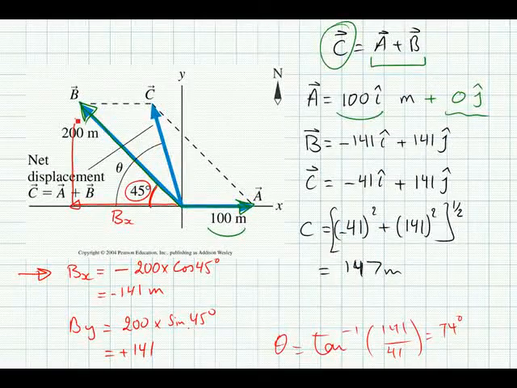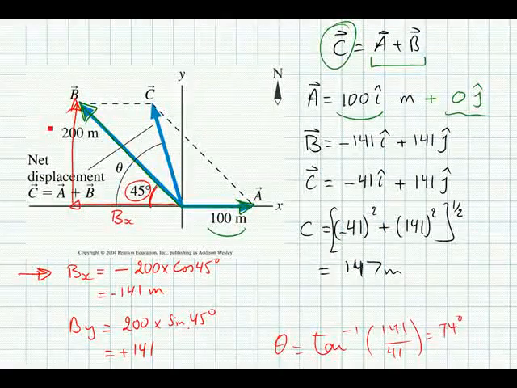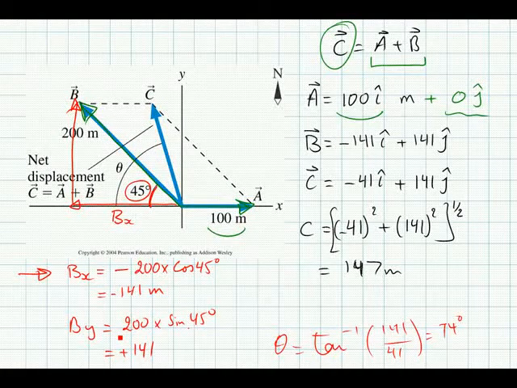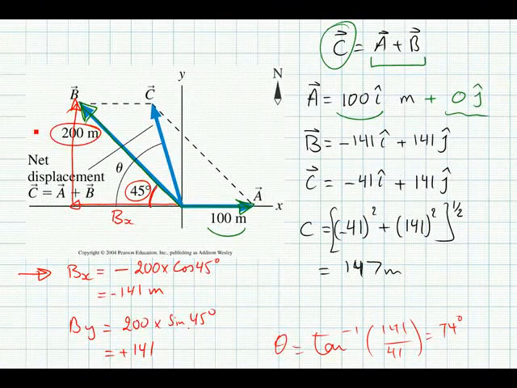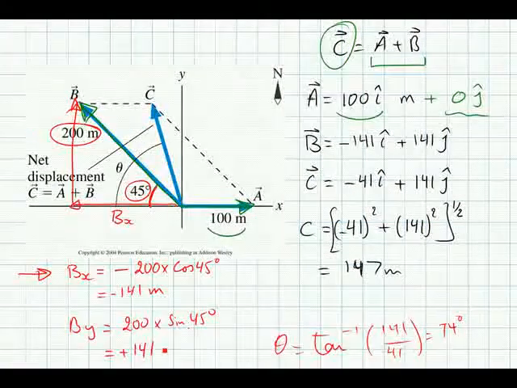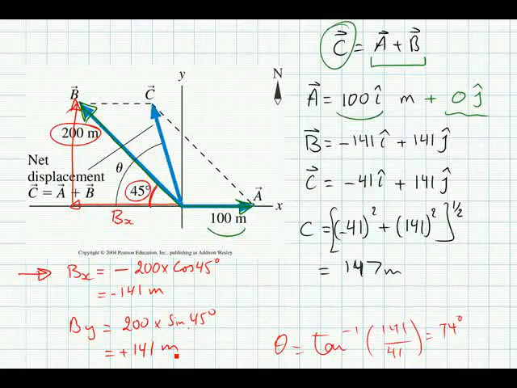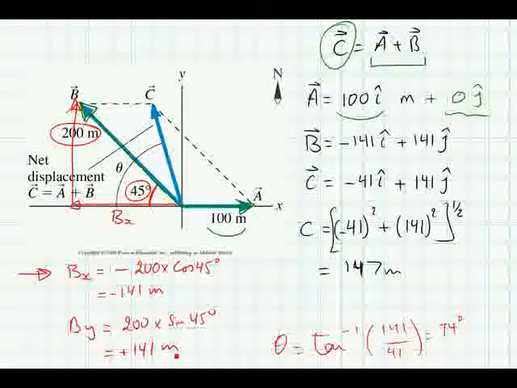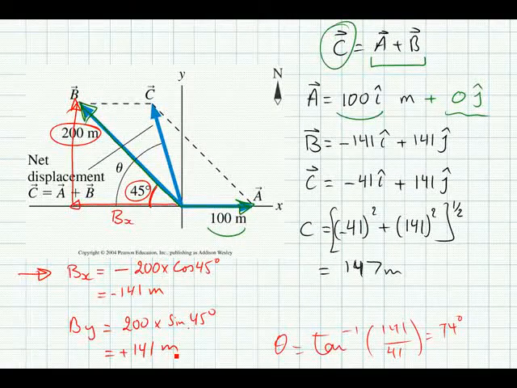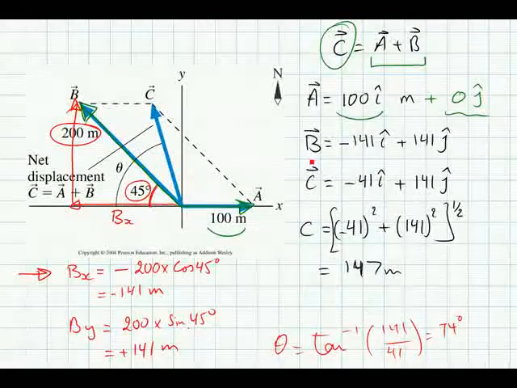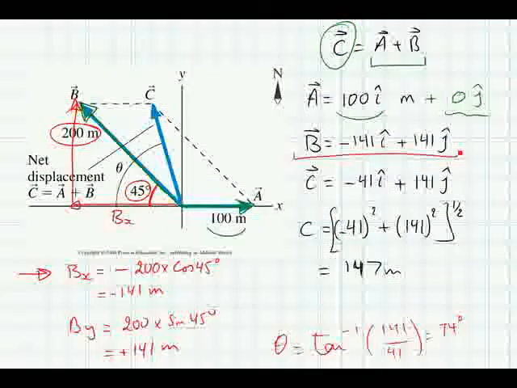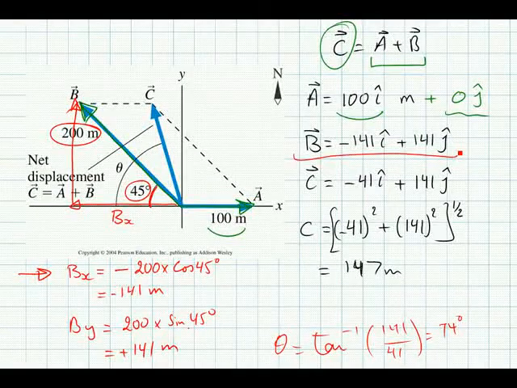And by, which is this vector right there, is 200 times sine of 45 degrees. 200, by the way, is the magnitude of b, which is plus 141 meters. So minus 141 and plus 141 are the x and y components of vector b respectively. So vector b can now be written in this form: minus 141i plus 141j.